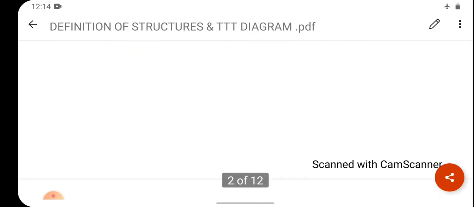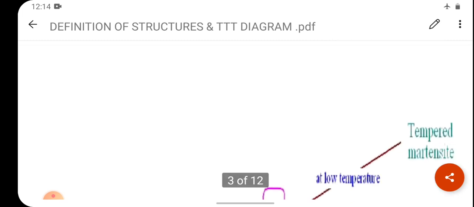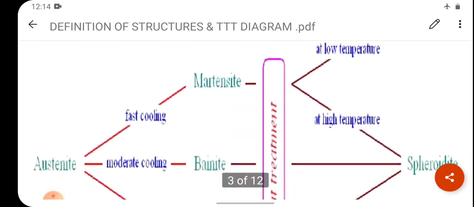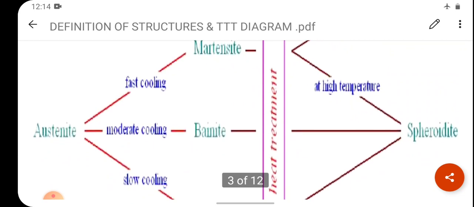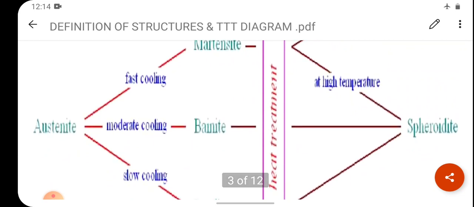So what is this? I'll explain here. See this diagram, that is austenite. Austenite is present above 910 or 900 degree Celsius.